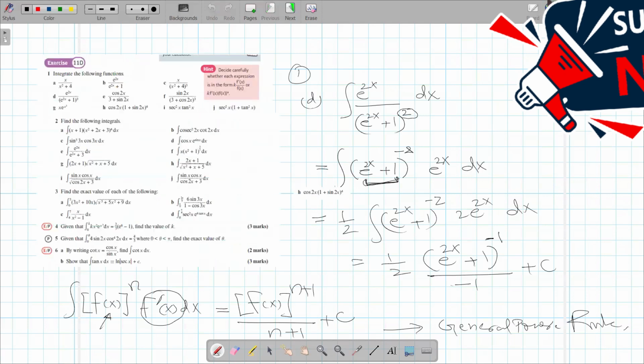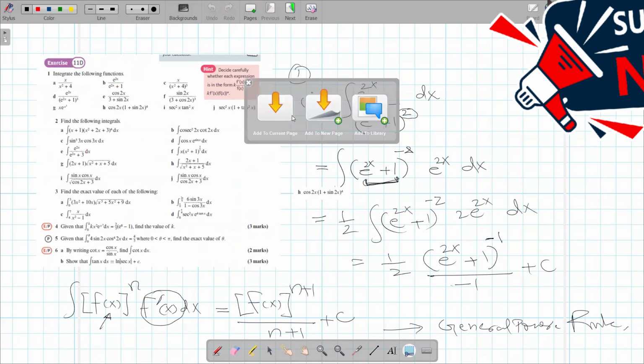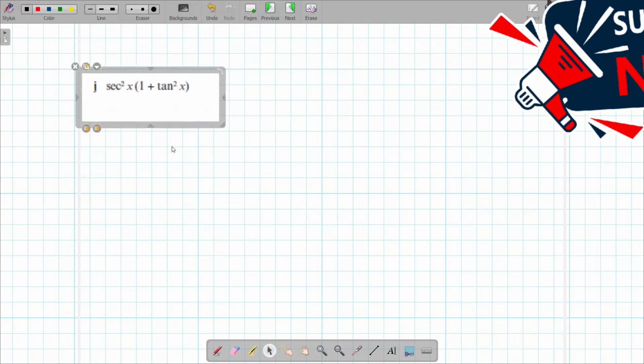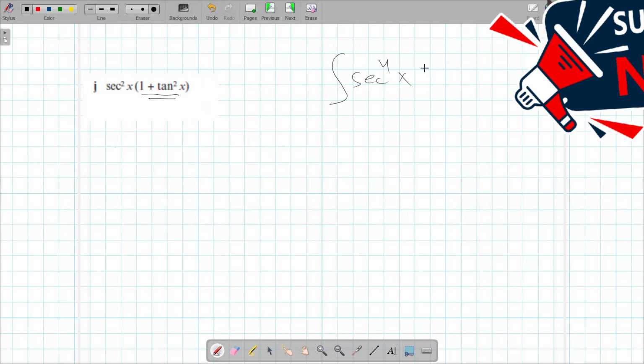Next. What about this one? Add to the new page. Is 1 plus tan squared x not just sec squared x? Yes, it is sec squared x, but this will not solve our problem. We cannot integrate sec power 4x. This is difficult.